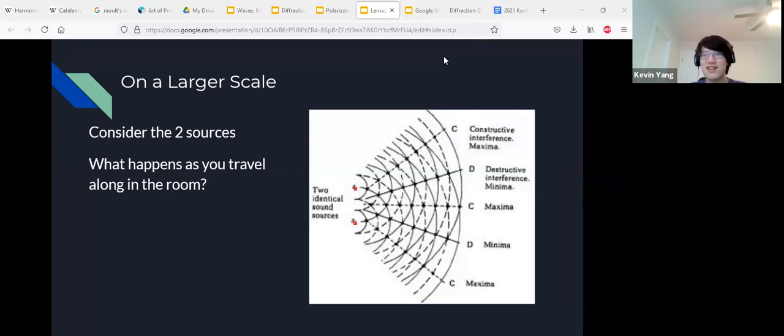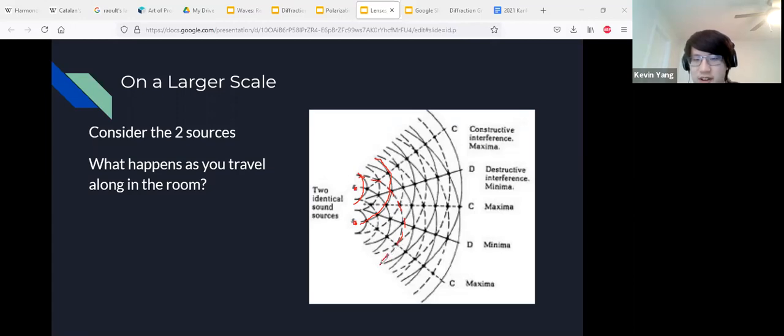Or you can also think of this as a way to think about what would happen if you drop two pebbles into the ocean, right? The solid lines represent the high points, and dotted lines represent the low points.